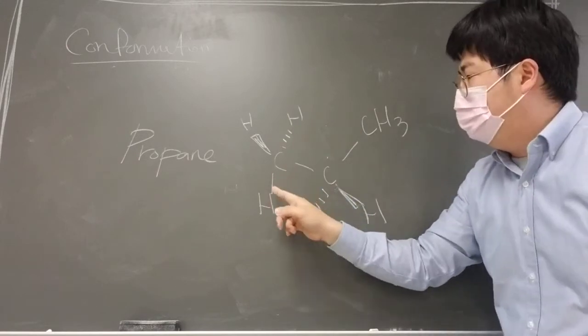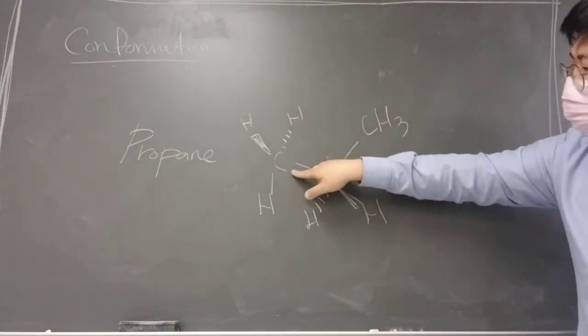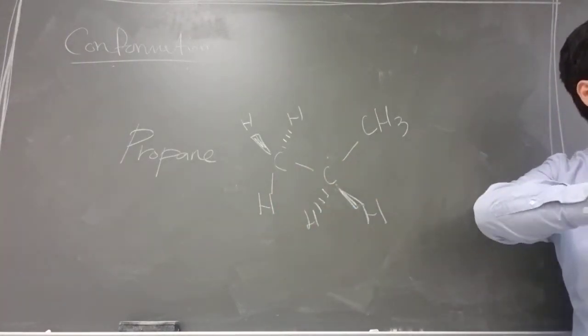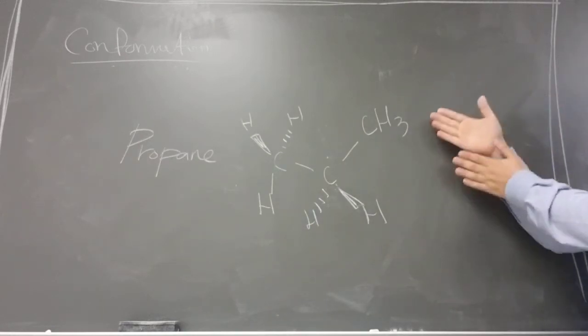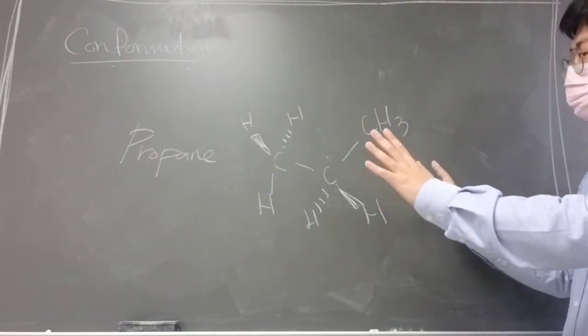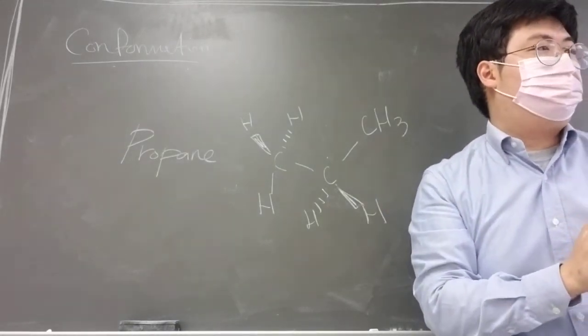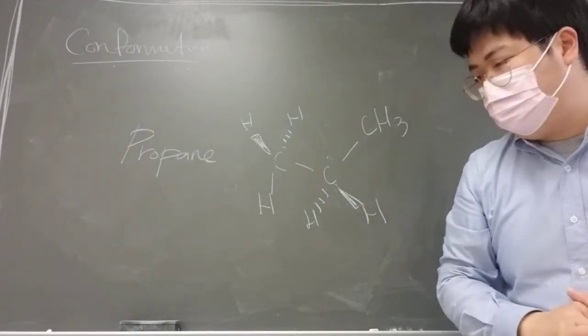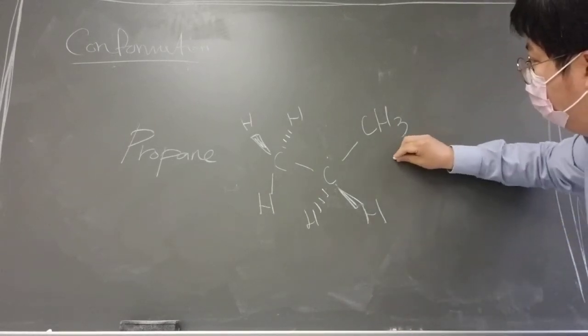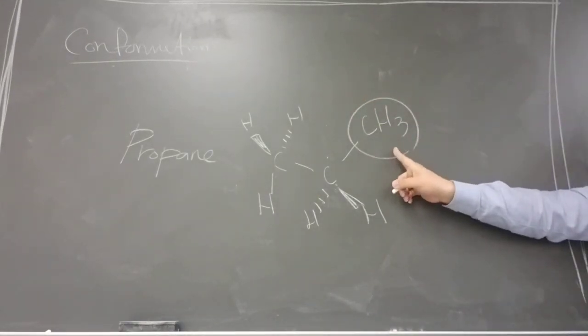And the plain line is right on the plane of the backboard. So this is a 3D image. The only difference between propane and ethane is the additional methyl group here.